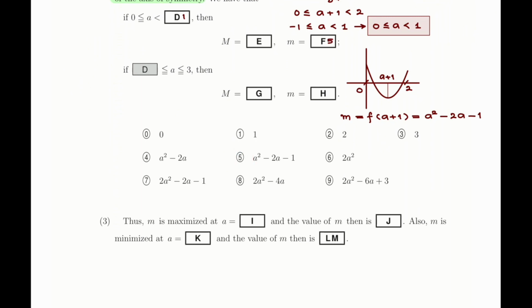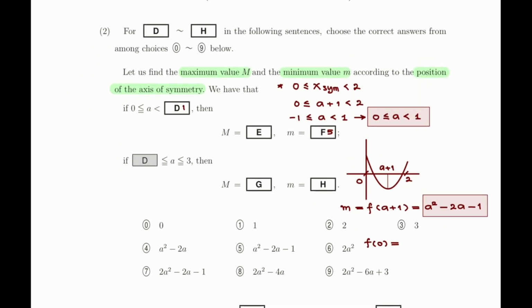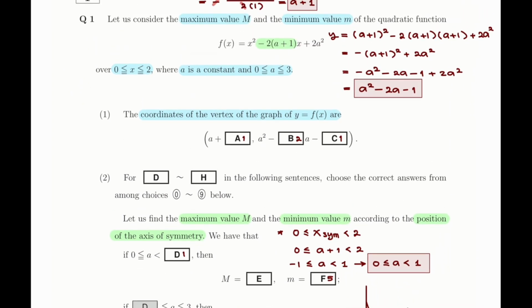And then, to find the maximum value, the capital M, it is either when x equals 0 or x equals 2. We still do not know which one will give us the greater value, so we need to test it. f(0) is equal to, if you substitute 0 into this function, 0, and then this x is also 0, so we can cancel out this expression.